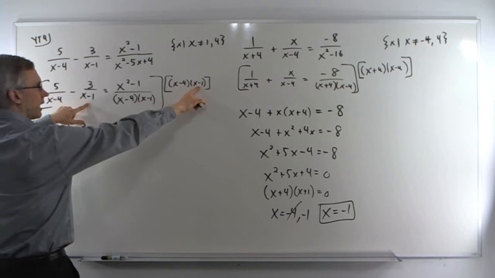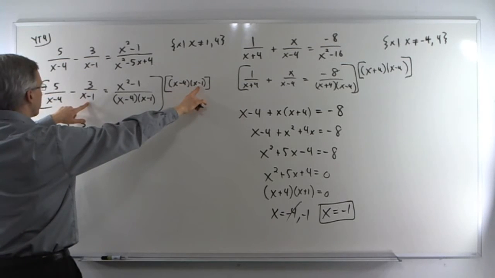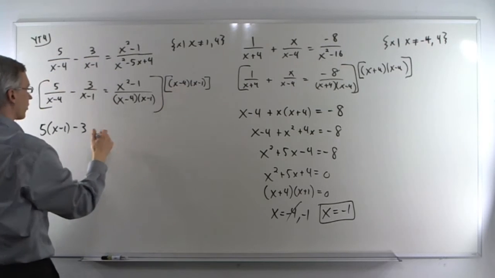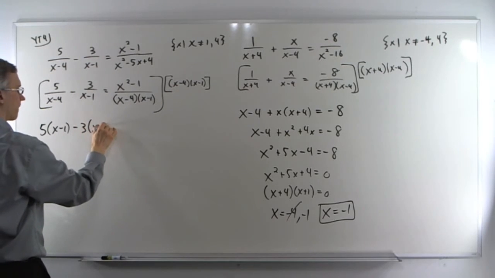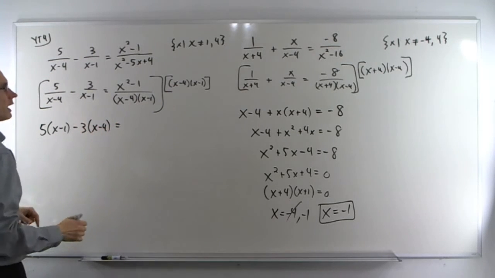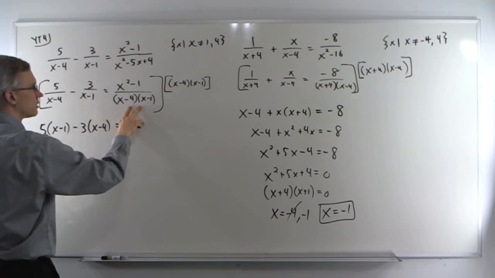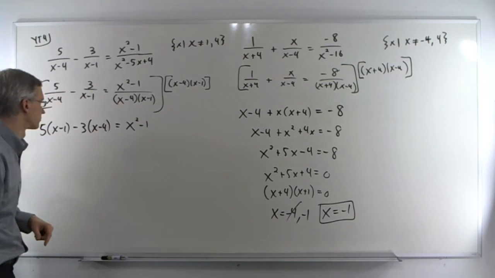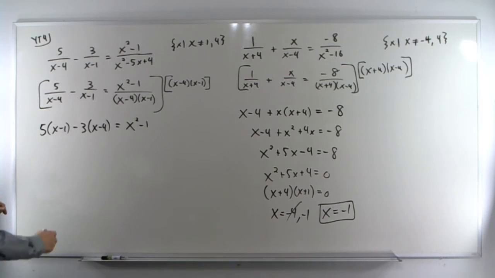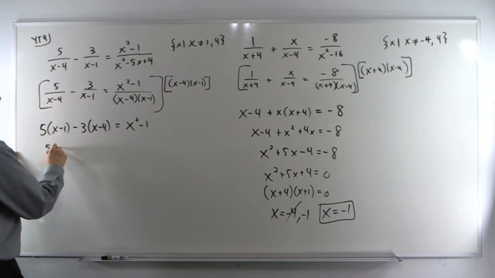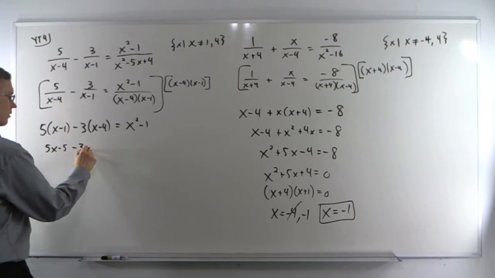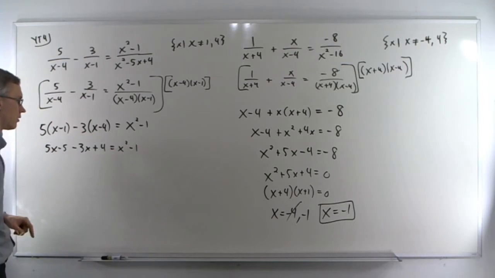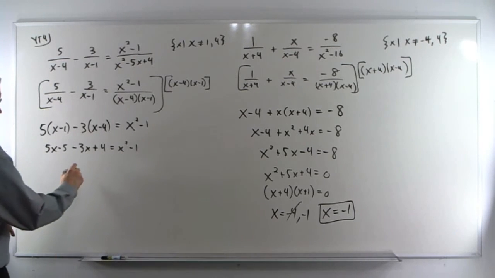Here, x plus 1's cancel, leaving behind negative 3 times x minus 4. And here, both of these are going to cancel, so we just get the numerator, x squared minus 1. Now we're going to distribute. Simplify.